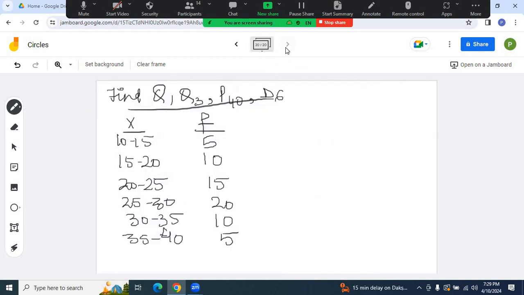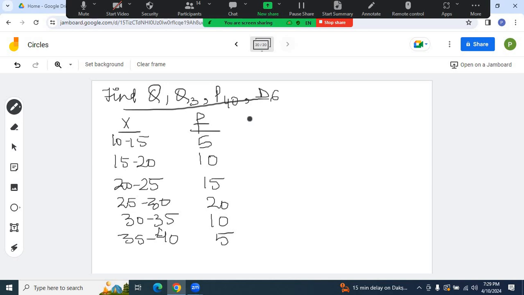Third question, find Q1, Q3, P40 and D6. Right?